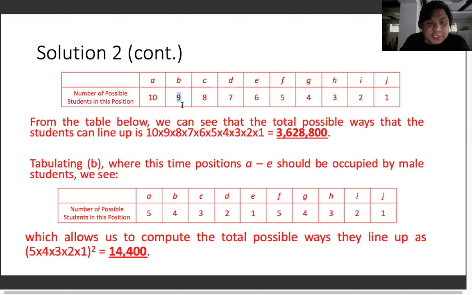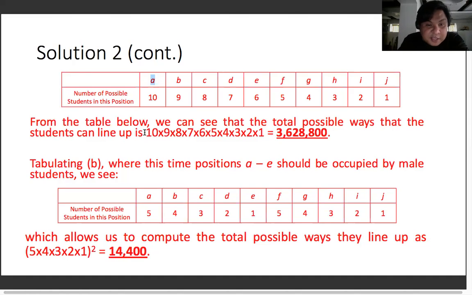So this is pretty much the number of student choices you have for each particular position, assuming that you choose the first student first at the top of the line. You begin choosing from the very front. Since you need all 10 of them to be present because you are assigning lines, you need to multiply all 10 of these numbers.